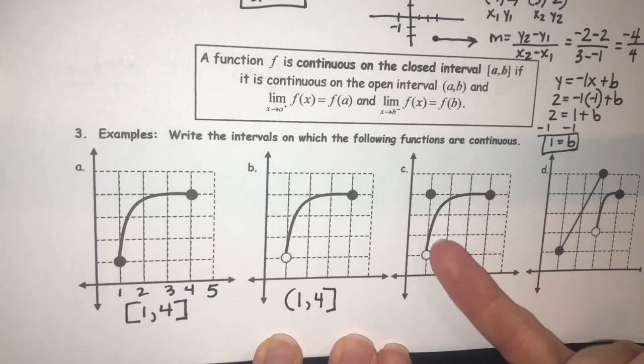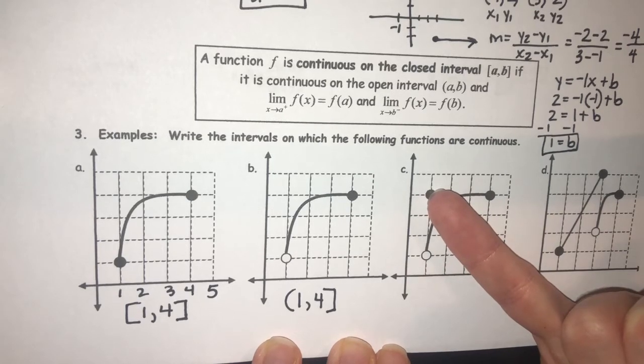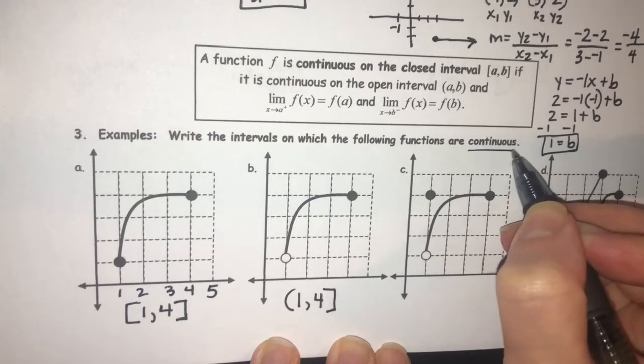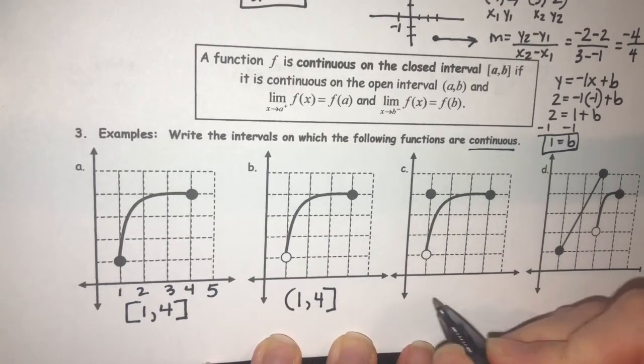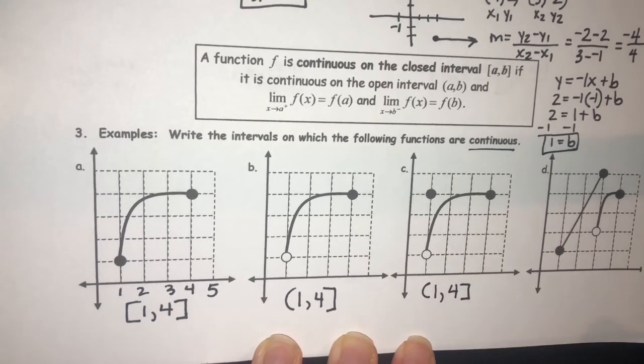But because the limit coming from the right side does not equal that value at x equals 1, we can't include it when we're talking about where the function is continuous. So we're going to have the same as B: open parenthesis at 1, closed bracket at 4.